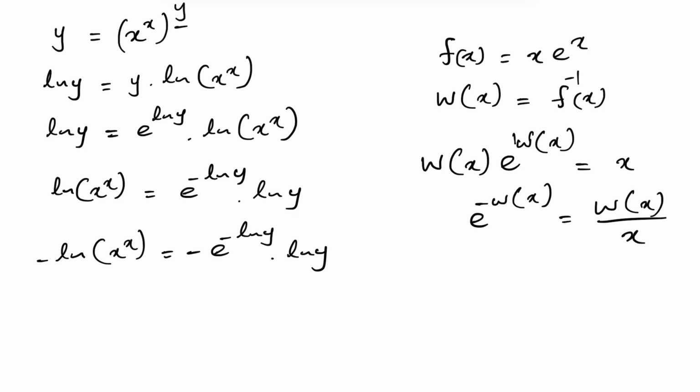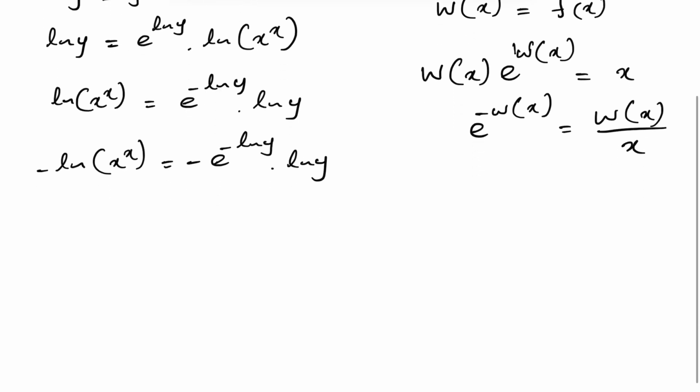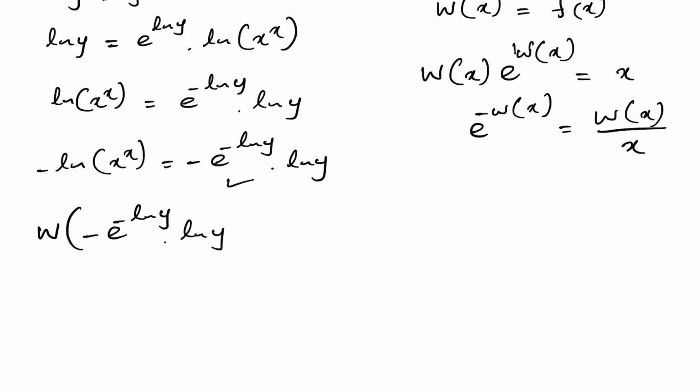So then here we can take W of both sides. So we can write W of minus, here I'm going to write this side first, minus e to the minus natural log of y times natural log of y is equal to W of minus natural log of x to the x.